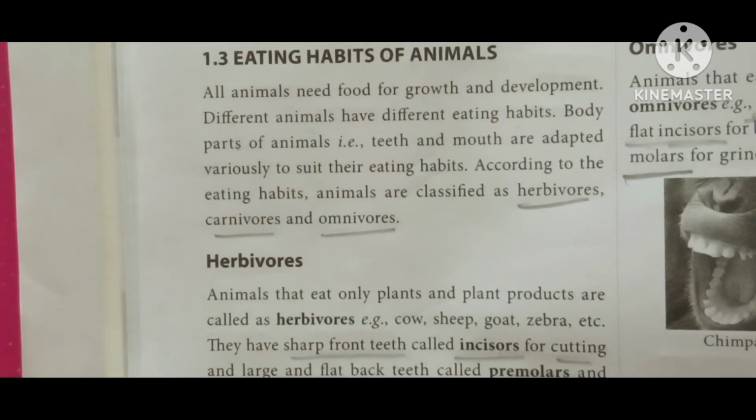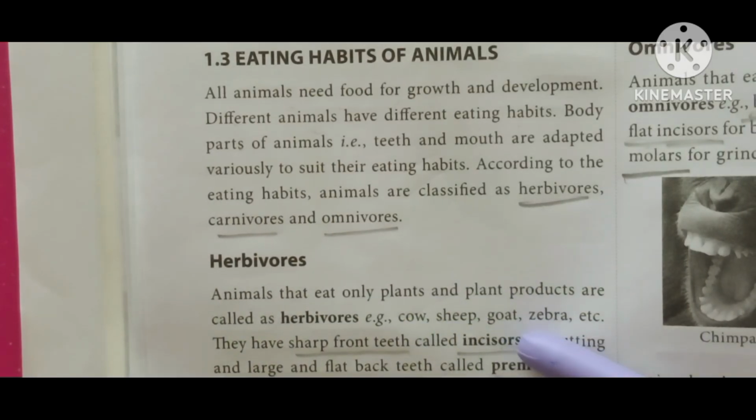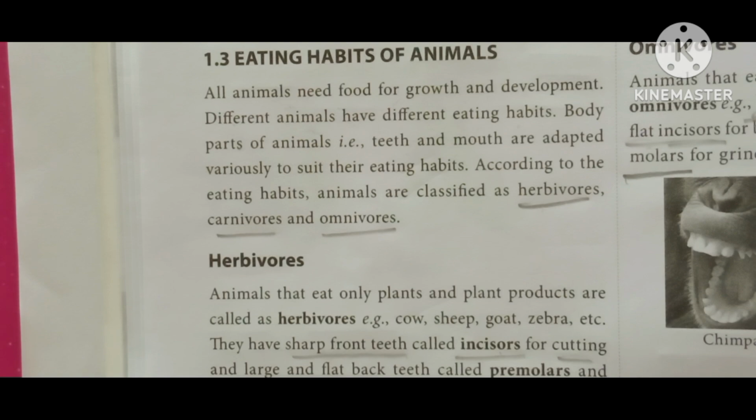Examples are cow, sheep, goat, zebra. These are examples of herbivores. So what kind of teeth do they have? To eat plants, they should have some kind of teeth.